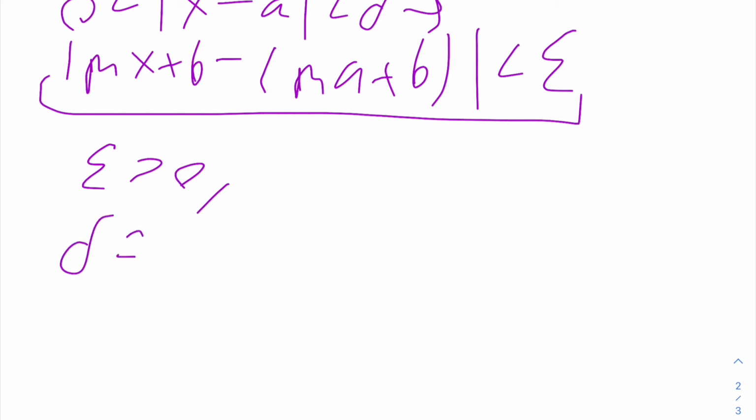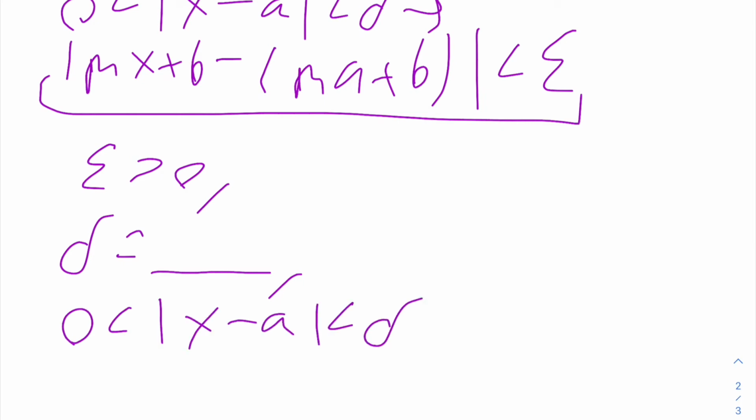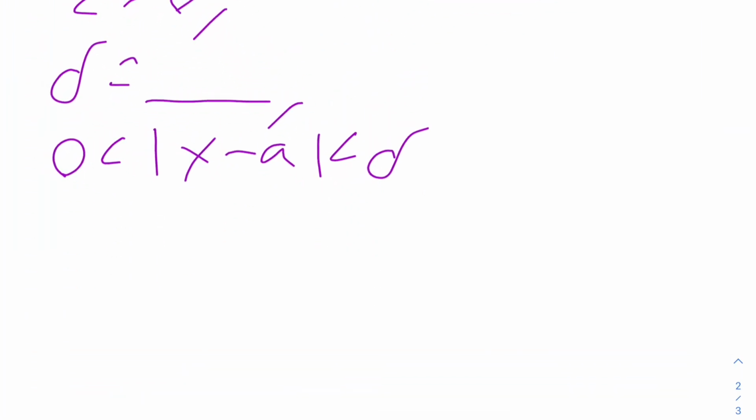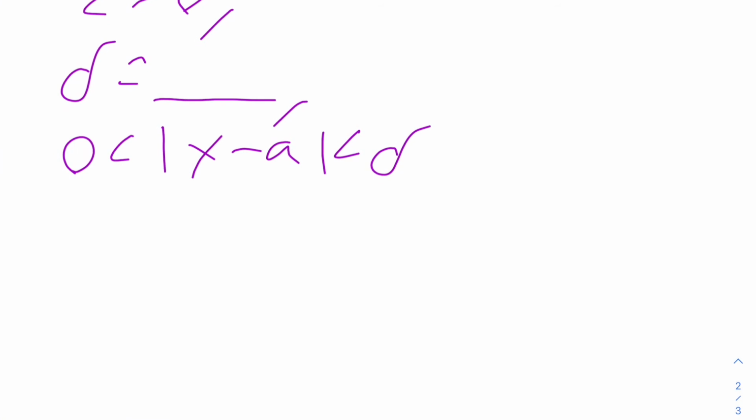Okay, so let's start with explicitly stating our givens. Epsilon greater than 0, delta we know is going to equal some value, which we'll discover in the proof, and the distance between x and a is between 0 and delta. Sorry about this constant movement.